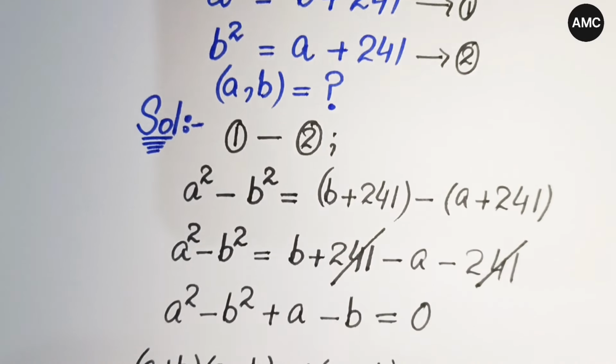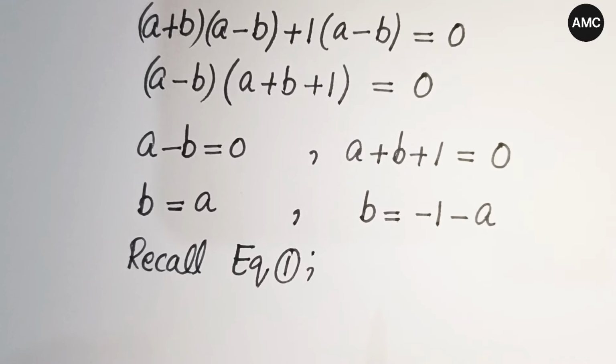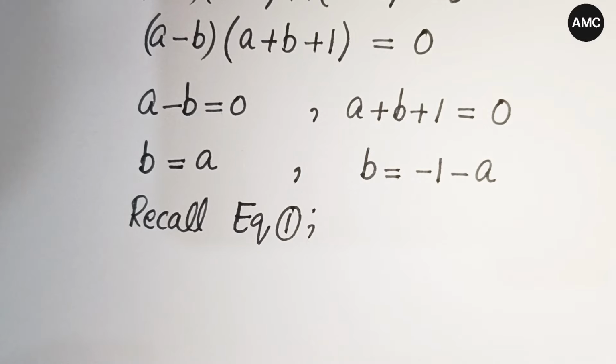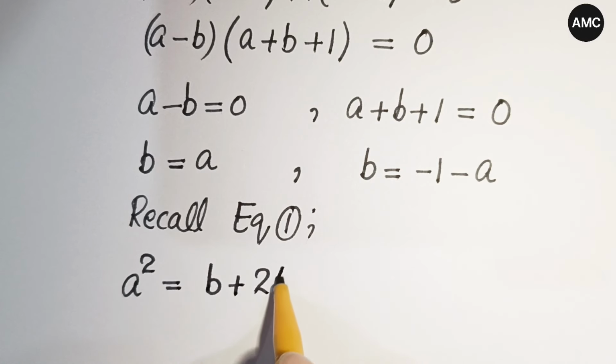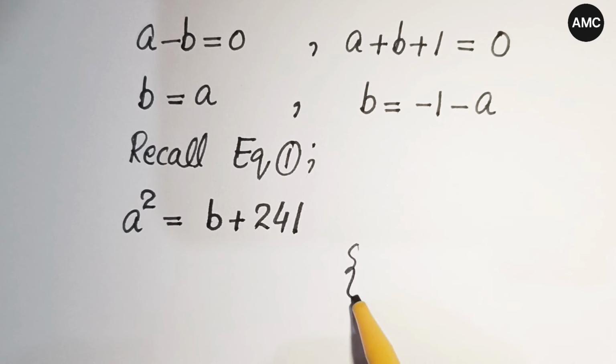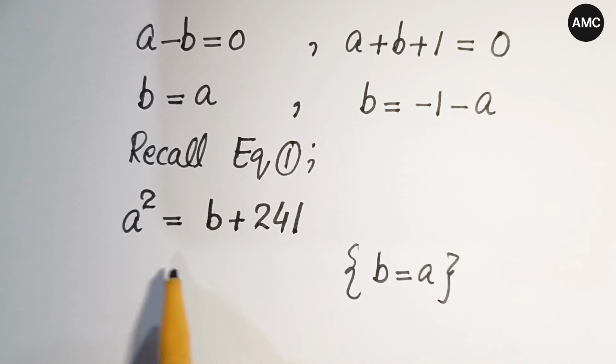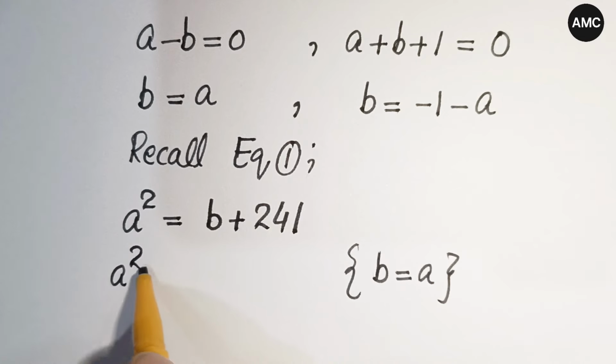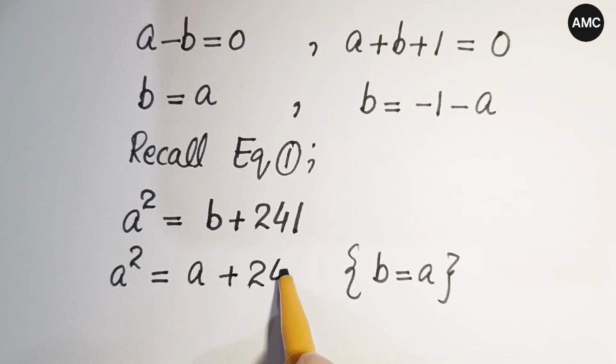So writing here that equation 1 is given by a squared is equal to b plus 241. But here, first of all, if we put b is equal to a, it will be a squared is equal to a plus 241.